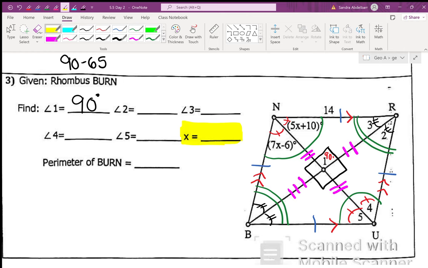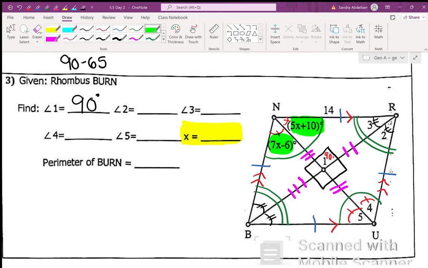Well, good. Angle N. Our eyes are open. Yay. All right. So angle N. We see expressions with x right here by N. Well, didn't we say that the two angles by N are congruent? Because in the rhombus, the diagonals bisect the angles. So how am I going to solve for x? We set these two equal to each other.